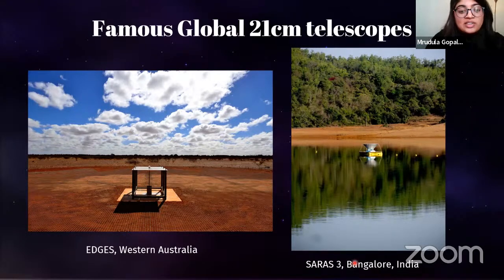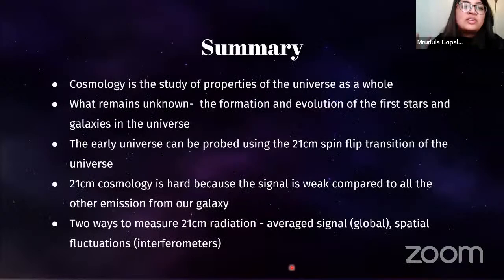So I've been talking at you for 45 minutes, but I wanted to give you a summary of what we talked about so far. These are the key takeaway points I would like you to take away from this talk.